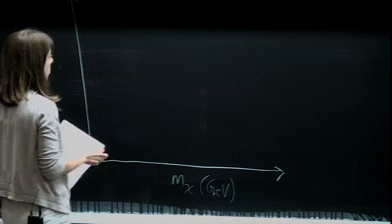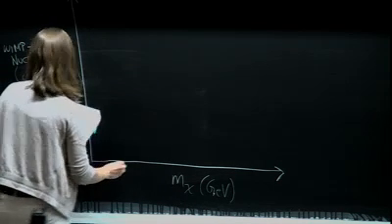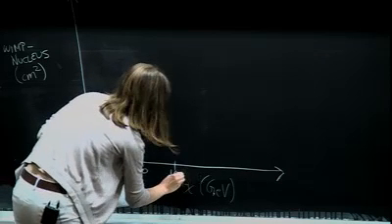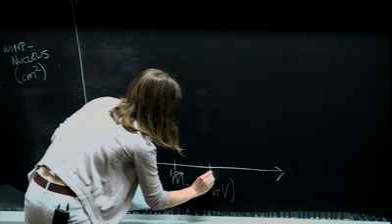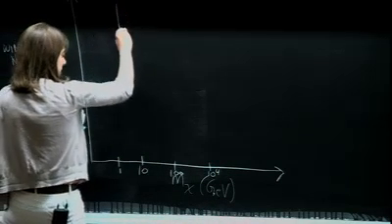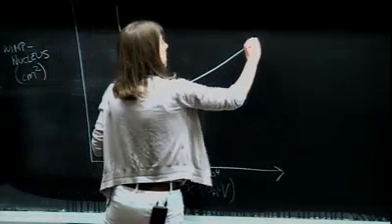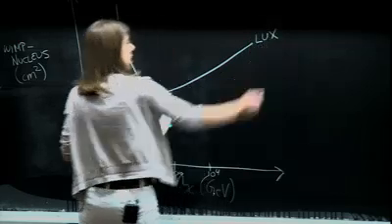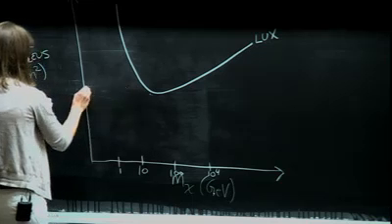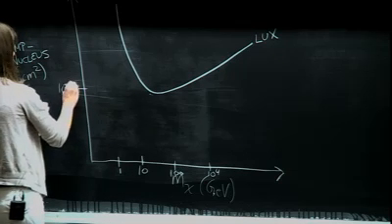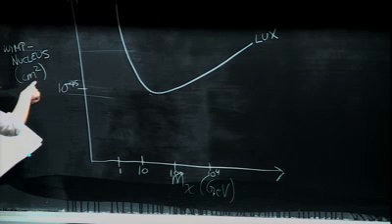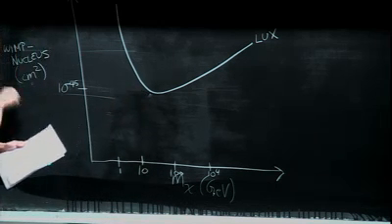So right now, the strongest limits are coming from the xenon experiments, and in particular from LUX. And the sensitivity right now for LUX is roughly at 10 to the minus 45 centimeters squared. So that's the best that they're able to do.